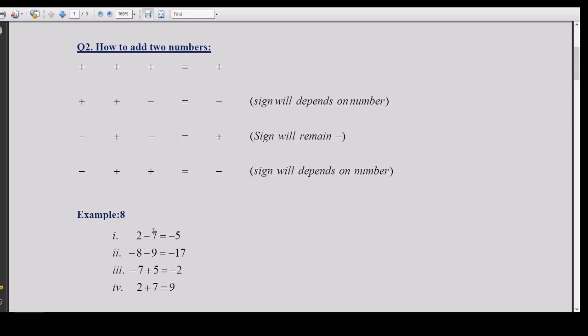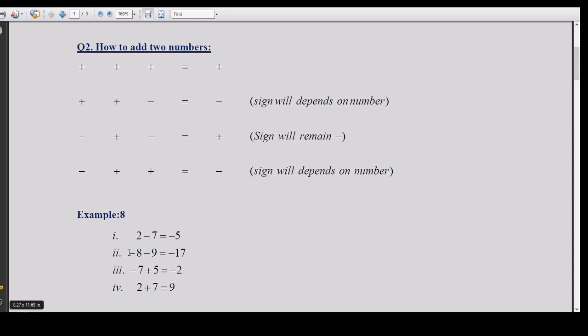The greater number is 7, and this 7 is having a minus sign. That means the answer will be minus 5.